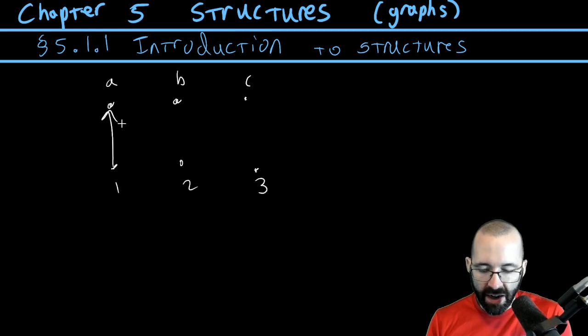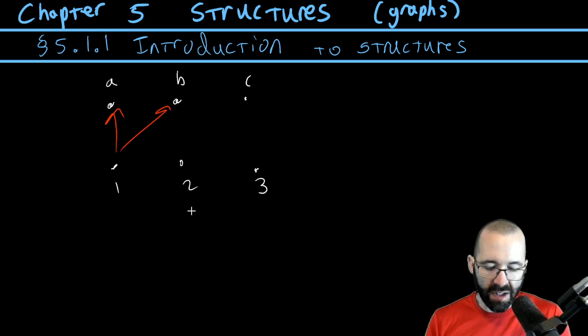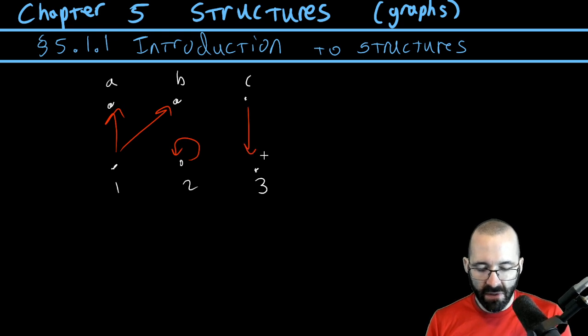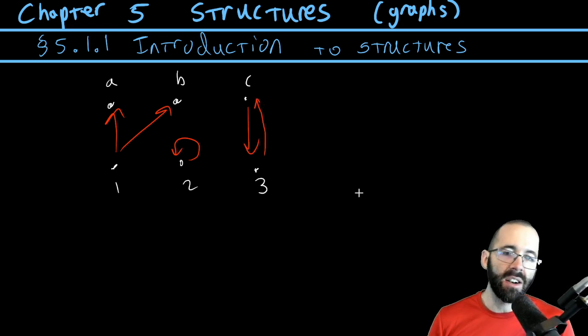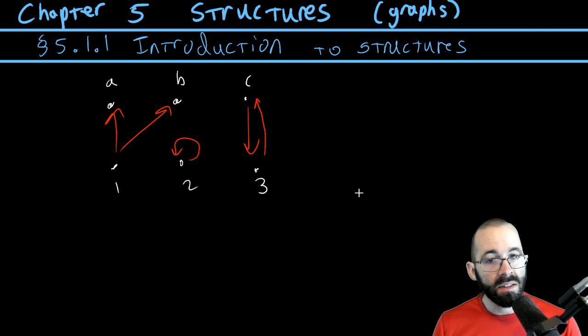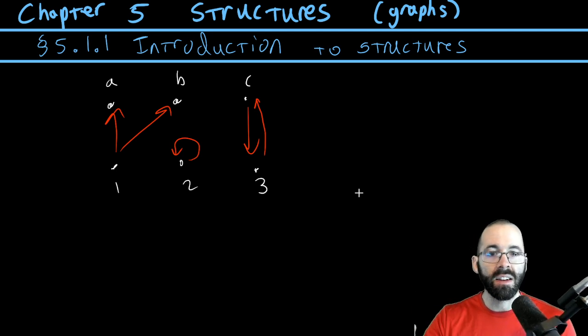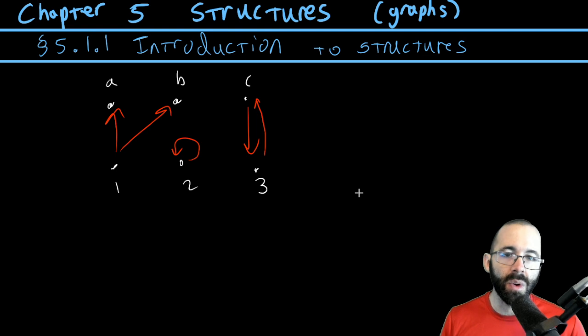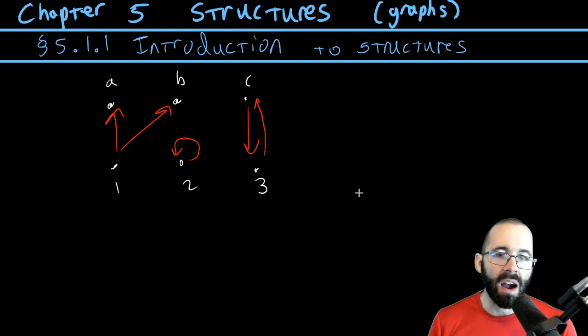We said, oh yeah, we can make a digraph over here. 1 is related to A, 1 is related to B, maybe 2 is related to itself. We did digraphs. Maybe 3 is related to C, and C is related to 3. We've done this before. So we're going to talk about that in more abstract terms and talk about some of the things that we can do with them. But here's an example of graphs.